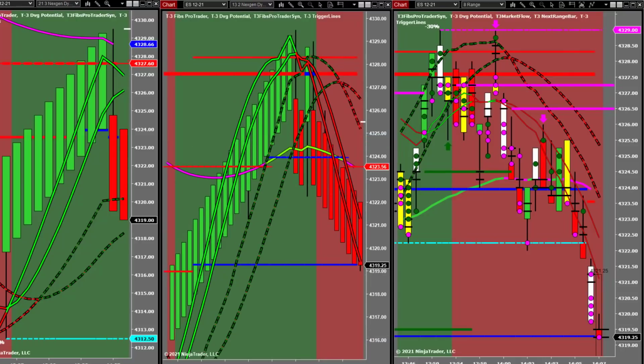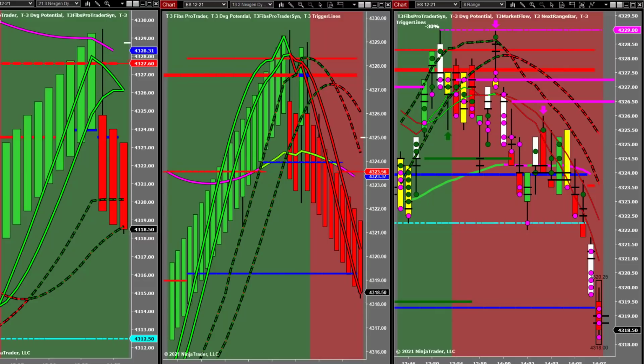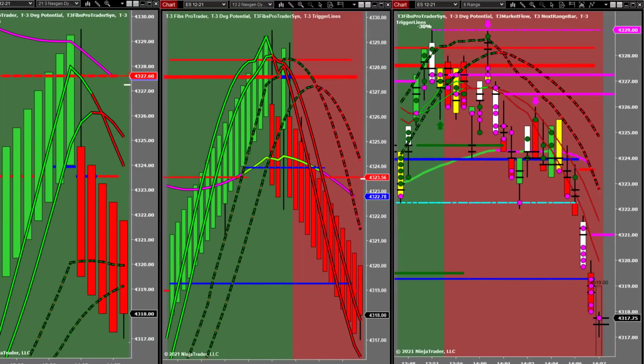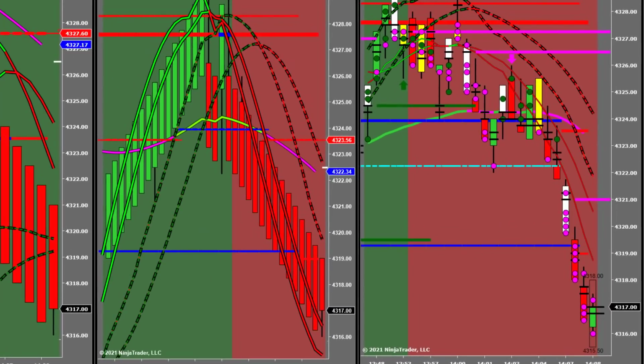Now, that's support on your 13-2 chart at 19. And they don't care about that, do they? That was a good target for number 2. And sell some more, I guess, right?